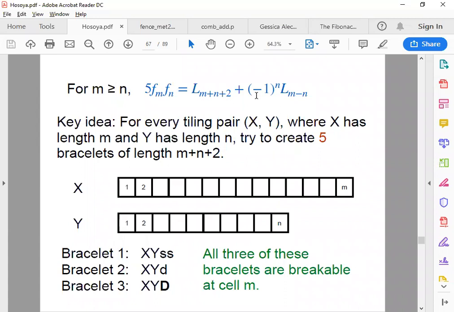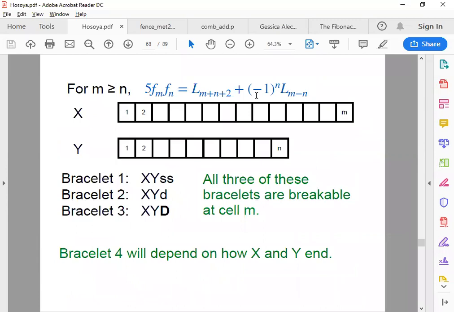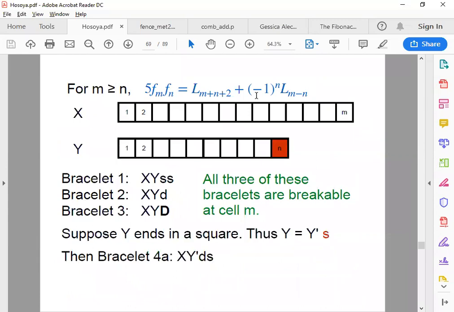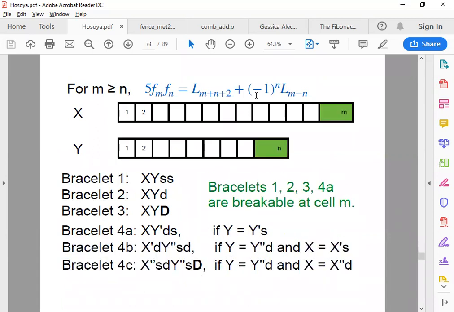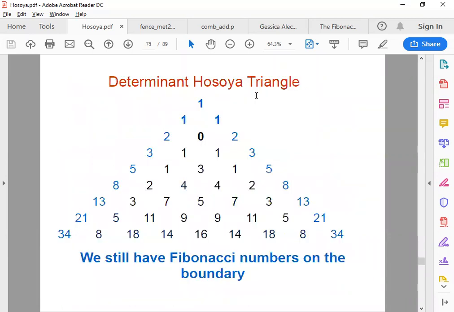You just append y to x, and then attach 2 squares, or attach a domino that covers the clasp. So those are the 3 trivial bracelets. Then bracelet 4 will depend on how x and y end. It involves 3 cases. Bracelet 5 involves 6 cases. And I certainly don't have time for that.